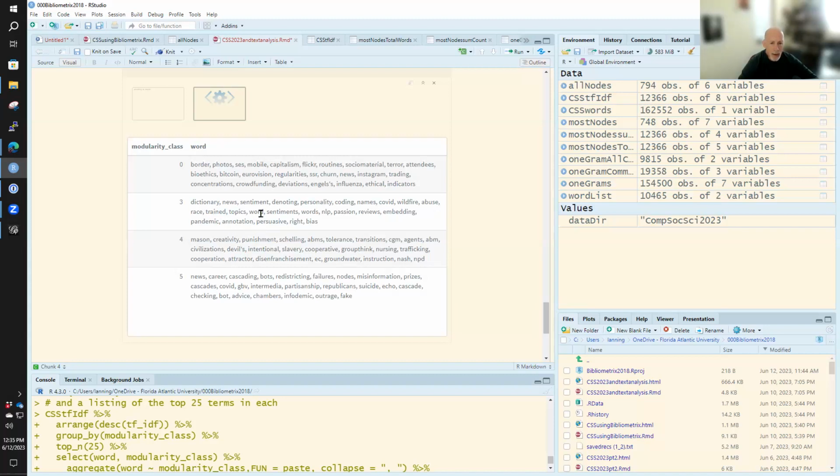A group of papers having to do with dictionary and sentiment and personality and words. This is a group of papers largely about text analysis. Our aforementioned group, modularity class 4, includes both the term used in political science, disenfranchisement, as well as terms from social psychology and sociology and so forth. And then we've got papers associated with communication and, again, politics.